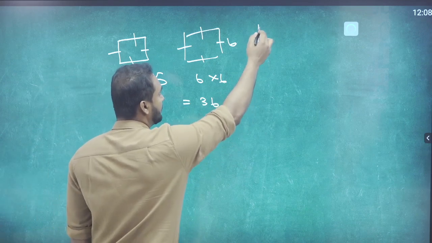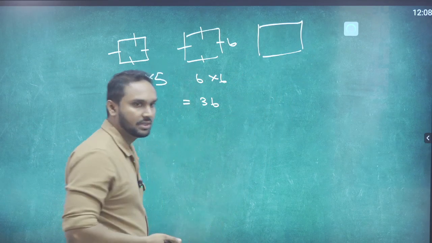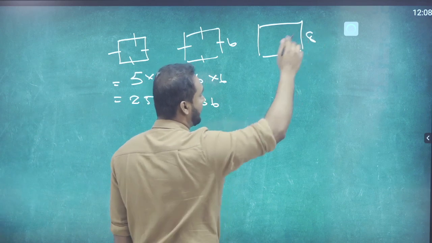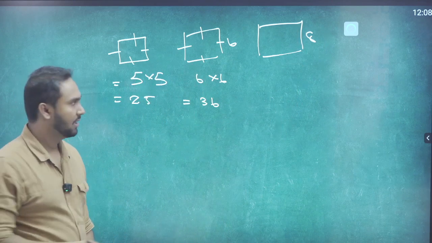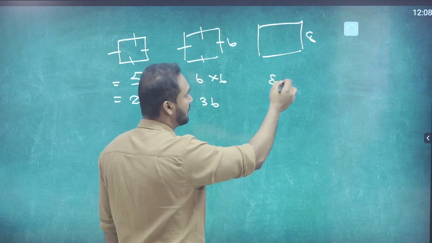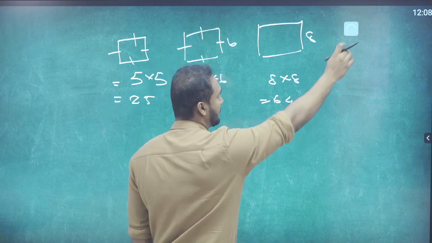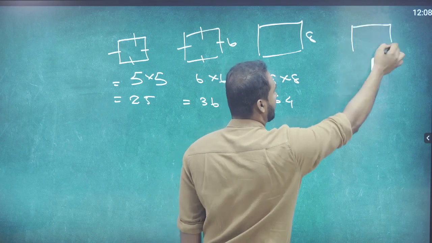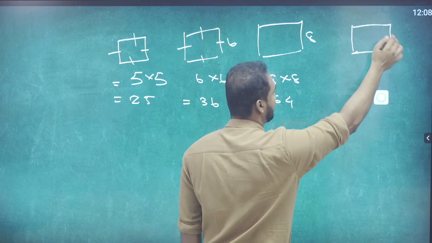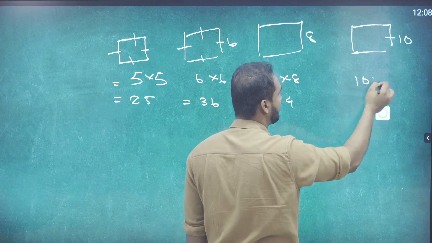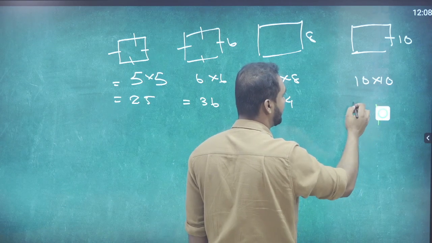The third one, the perimeter was 32, so the side length is 8, because to find the side length you divide by 4. So 8 into 8, the area, is 64. And there's another one. The perimeter is 40, the side length is 10. So 10 into 10 is 100.